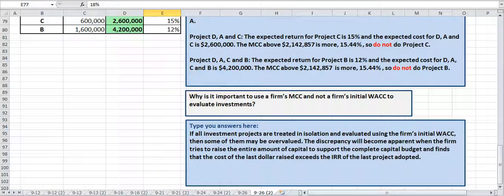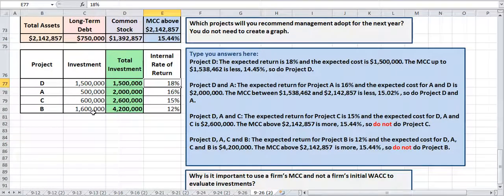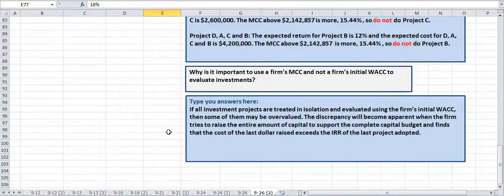We're not looking at these in isolation. We're not saying, well, project C is only $600,000. We're looking at project C as an addition to project D and A, because once again, we always want to do the projects with the highest return first. So you see, that's why that answer is there.